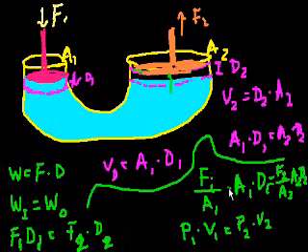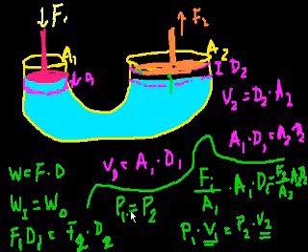But what do we know about these two volumes? And I went over it probably redundantly in the previous video, those two volumes are equal, right? V1 is equal to V2. So we could just divide both sides by that, and you get that the pressure input is equal to the pressure output. So P1 is equal to P2.